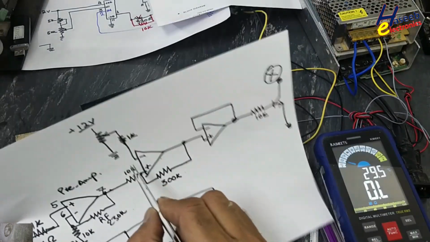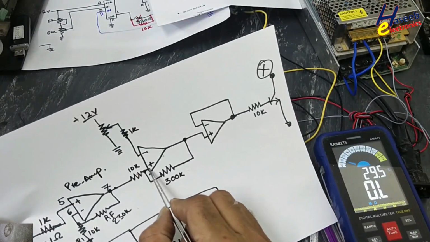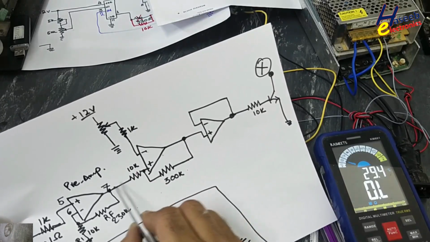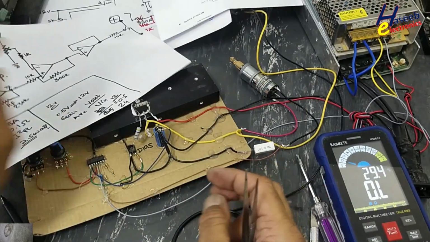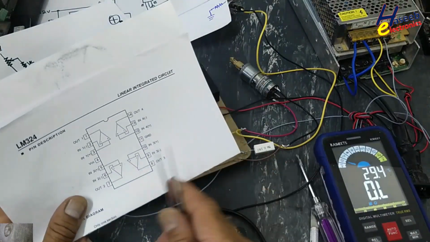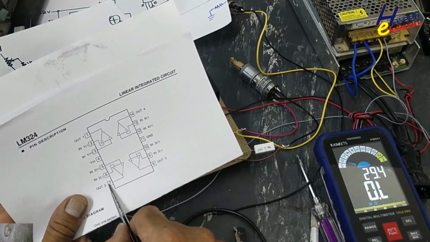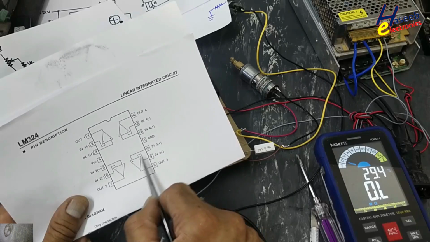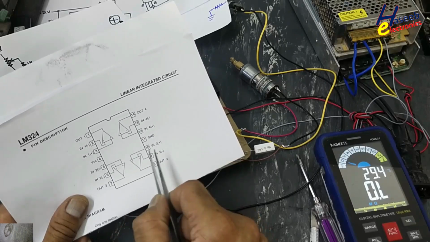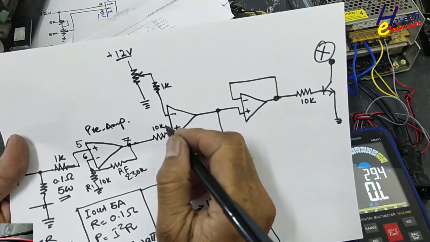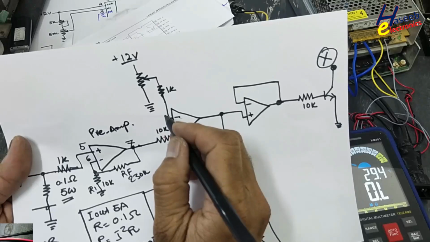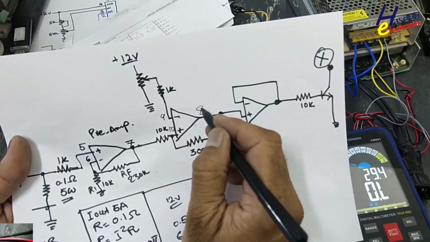Pin number 7 will go to the non-inverting input by a 10k resistor. We will use any one, this one or this one. It is closer. Pin number 7 will go to pin number 10 with a jumping 10k resistor. Pin number 10, pin number 9, pin number 8.